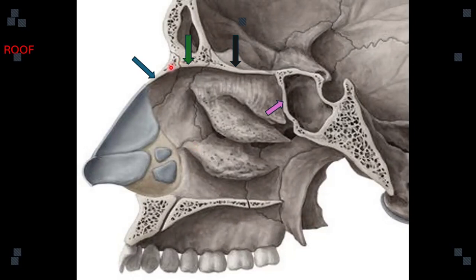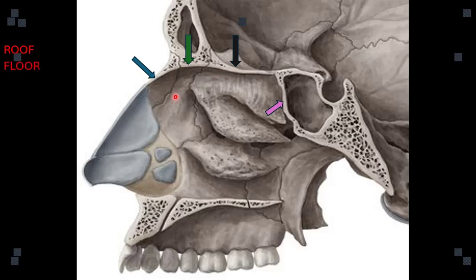You can see the anterior part is sloping forwards, and the posterior part is sloping backwards, but the middle part is almost horizontal. So those four structures form the roof of the nasal cavity.